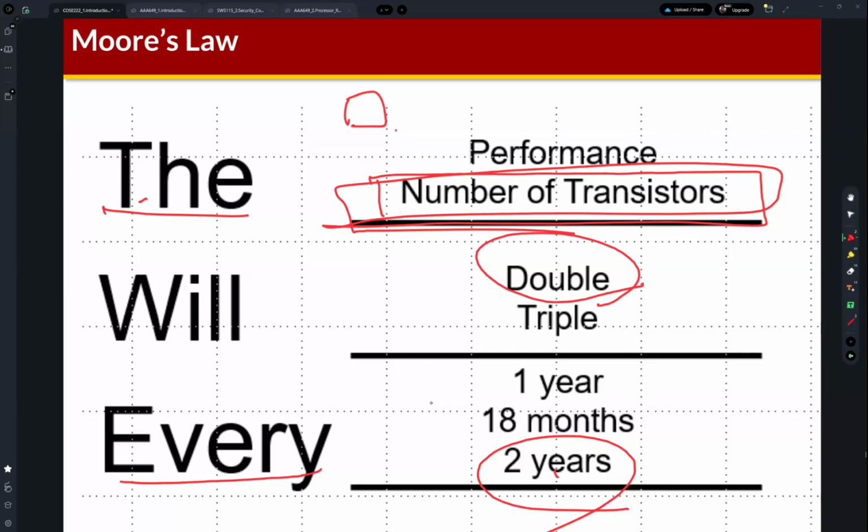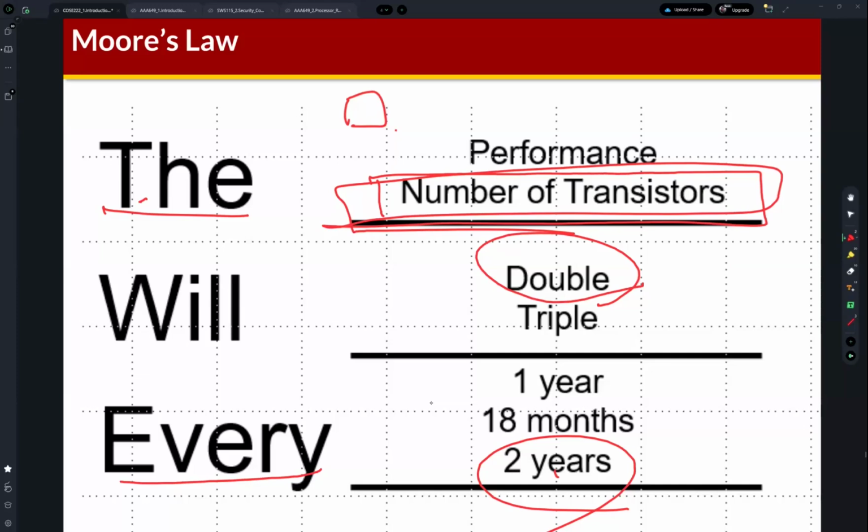Linear just means increasing linearly, but Moore's law says that the density, the number of transistors per unit area, increases exponentially. It also means we can reduce the size of a transistor.